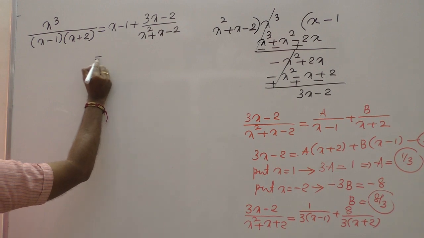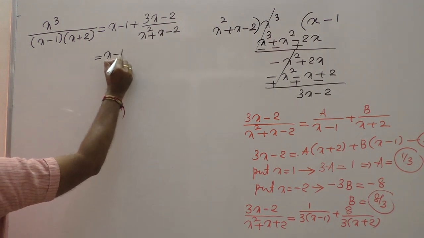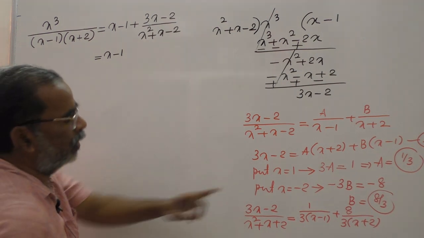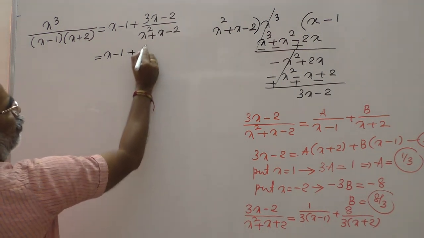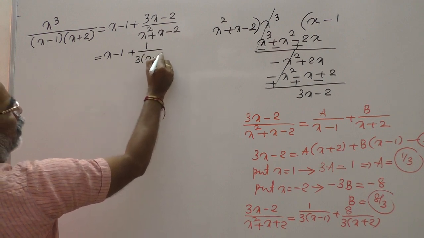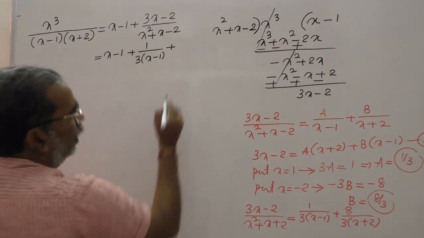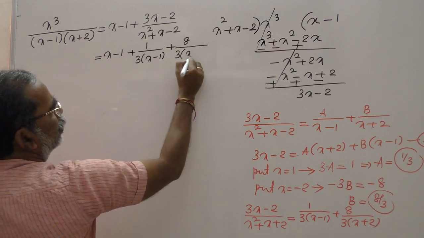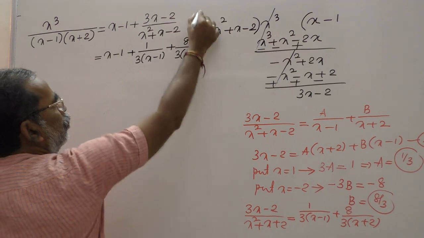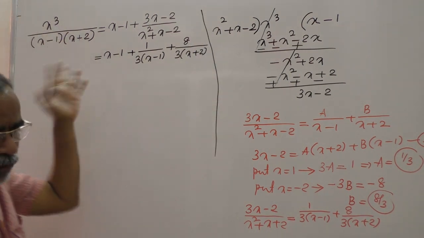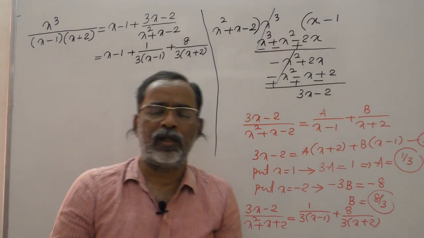Therefore, this fraction becomes x minus 1, and in place of 3x minus 2 divided by this, we can write 1 by 3 into x minus 1 plus 8 by 3 into x plus 2. These are the partial fractions.